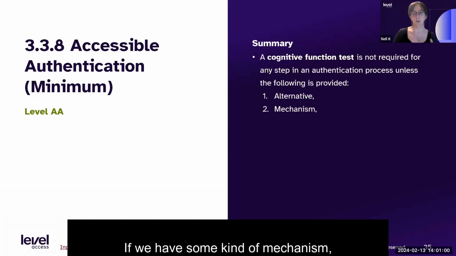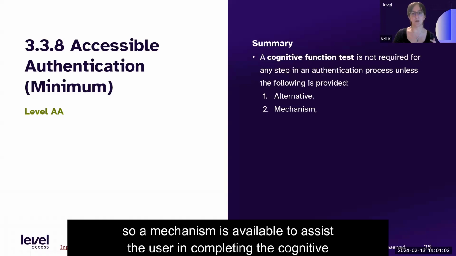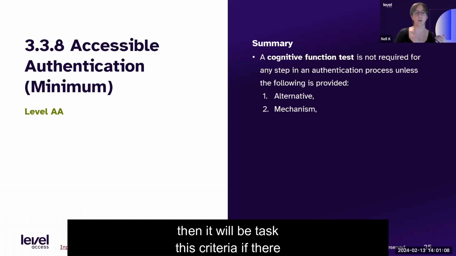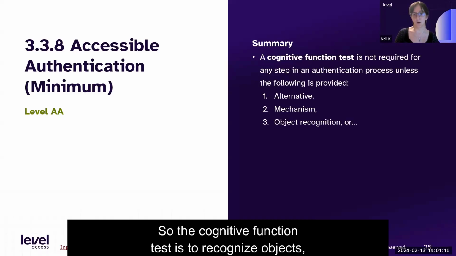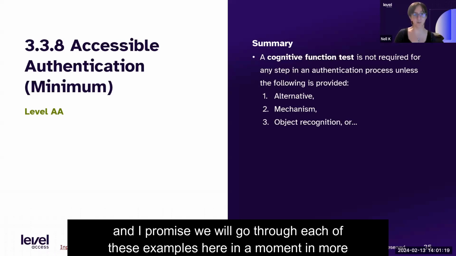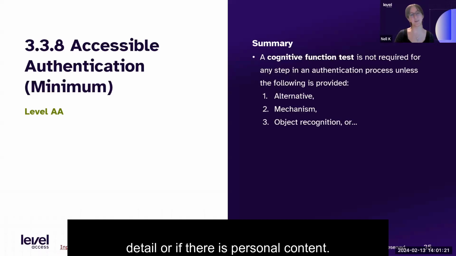If we have some kind of mechanism available to assist the user in completing the cognitive function test, then it will pass this criteria. If there is some kind of object recognition, so the cognitive function test is to recognize objects, and I promise we will go through each of these examples in a moment in more detail.